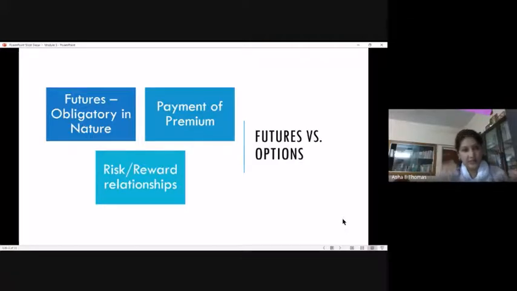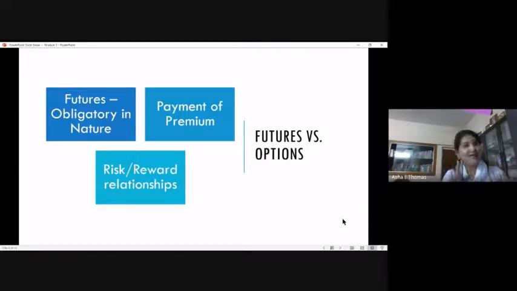Both are in a condition of obligation. But with respect to options, the person in the long position has the right. He does not have an obligation. He has the right to exercise or not. When A decides that he is going to buy, B has only one obligation: to sell it to him. So A has the right, but B has the obligation to act according to the interest of the party in the long position.